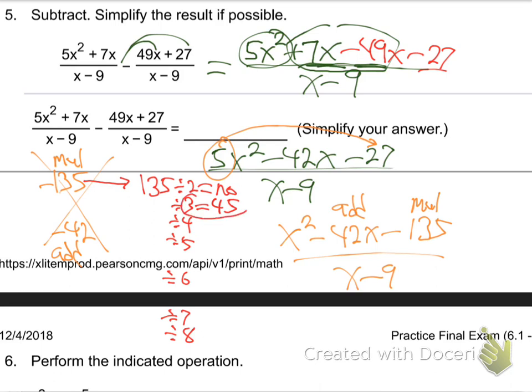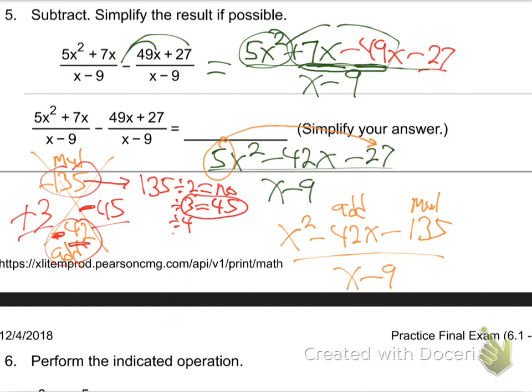Yeah, and ask yourself, can 3 and 45 make 42? Yeah, they can. So 3 and 45. Sign in the bottom goes in the bigger. So plus 3 minus 45 adds to be minus 42. They multiply to be minus 135. So that's my pair.